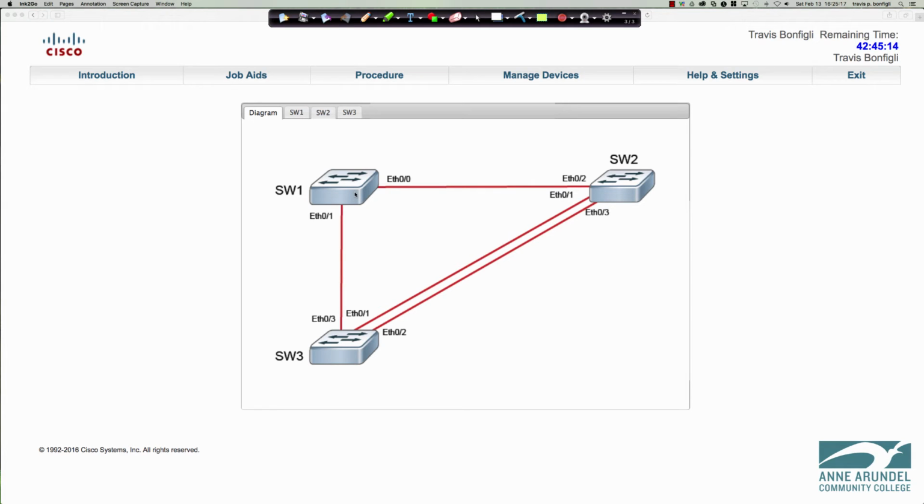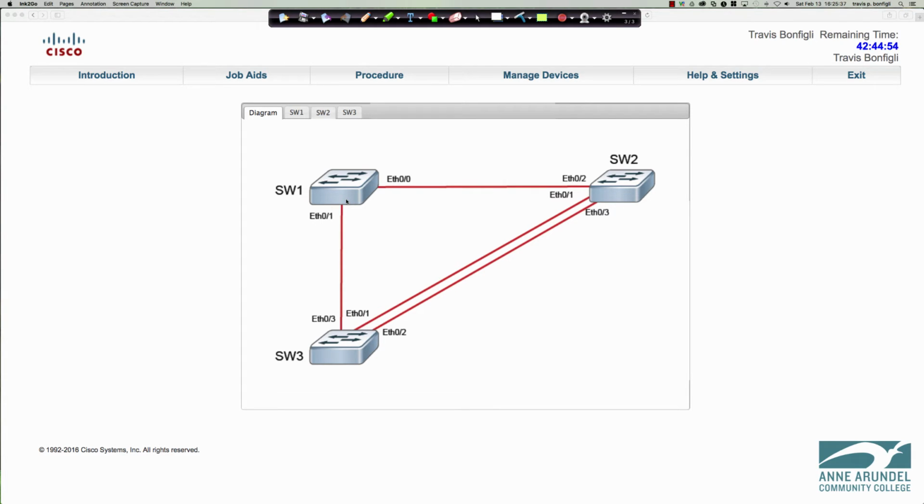Okay. So now let's go ahead, and it looks like we're going to be making a change here. And again, when you see that alternate, I prefer the term non-designated because we've got designated ports, and I like to call them non-designated ports.